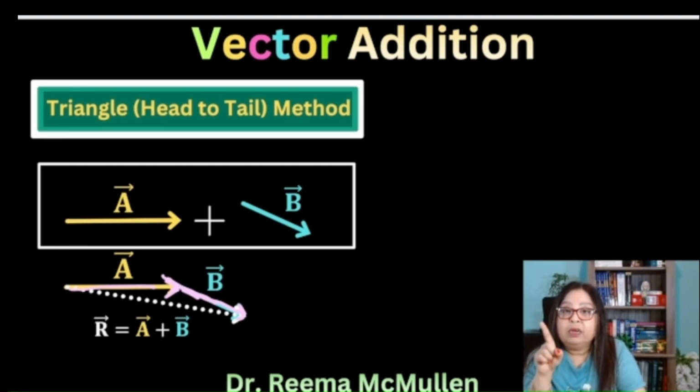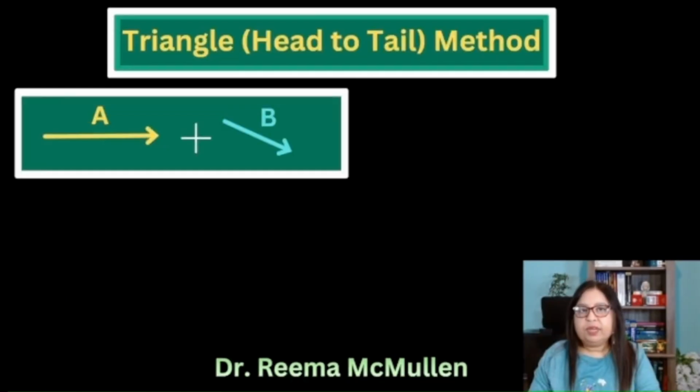And the third vector goes from the tail of the first vector to the head of the second vector. This is basically a repetition of what we just did on the last slide. We are adding vector B to vector A. That means move vector B parallel to itself until its tail touches vector A's head.